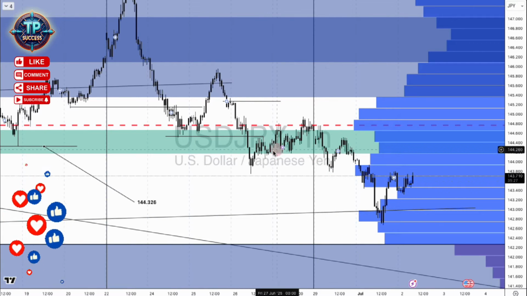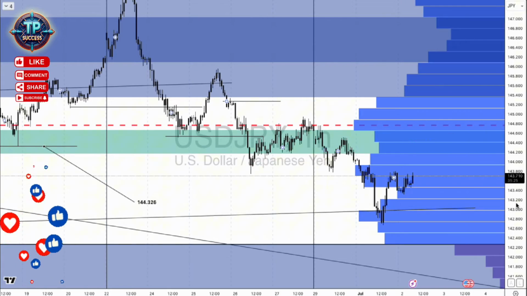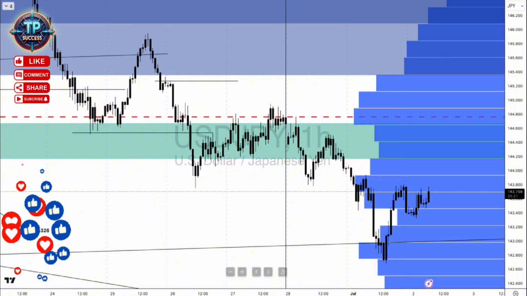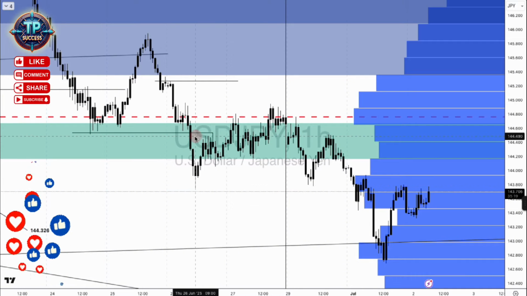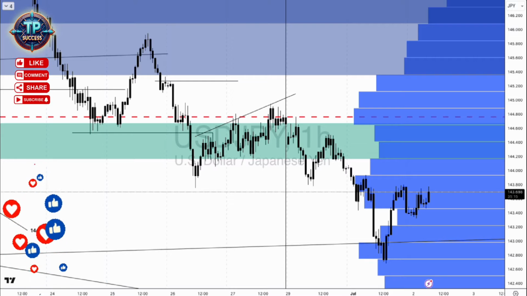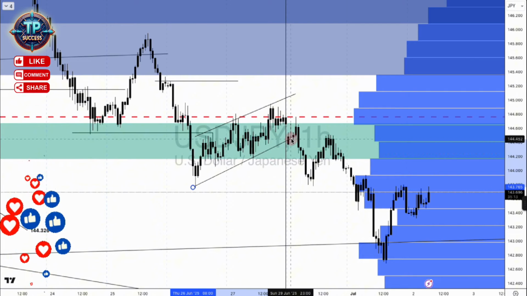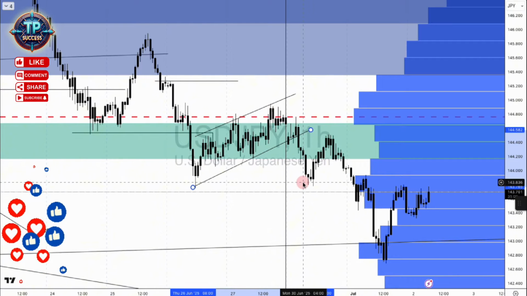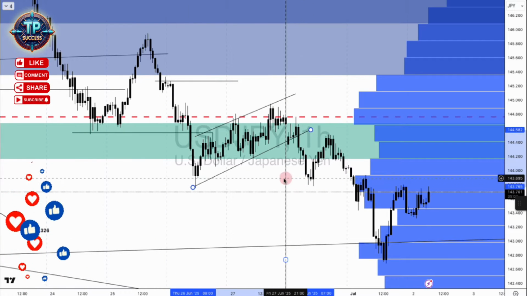As price was pulling back up again, this is where you should have identified this structure right here, this ascending channel. Now this ascending channel doesn't always, but in most cases likes to break downwards.